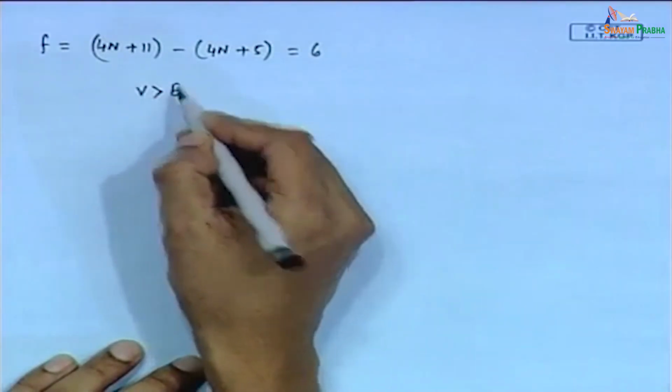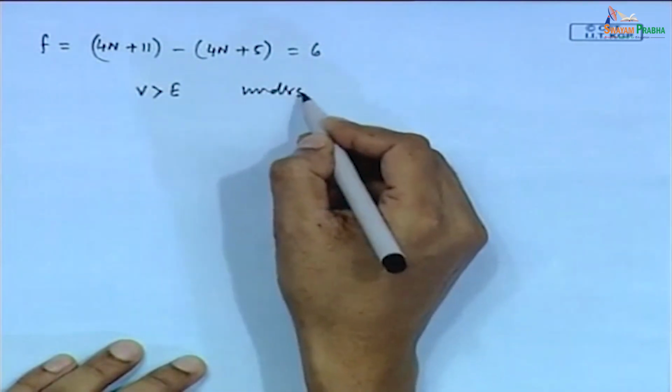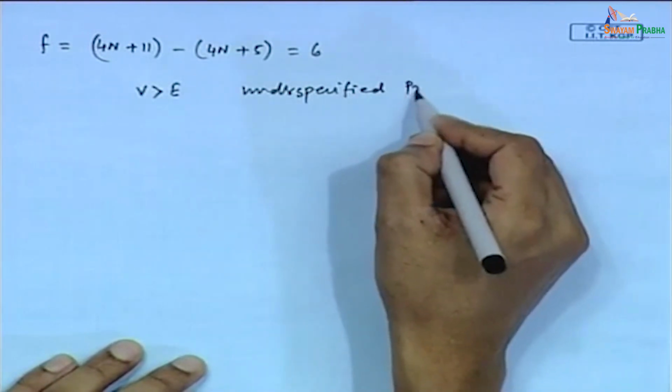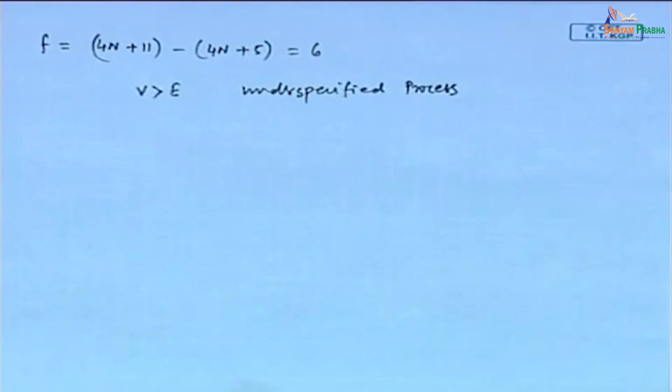That means this is an under specified process, since V is greater than E. We need to make it exactly specified. So, what we need to do? We have to get F equal to 0.